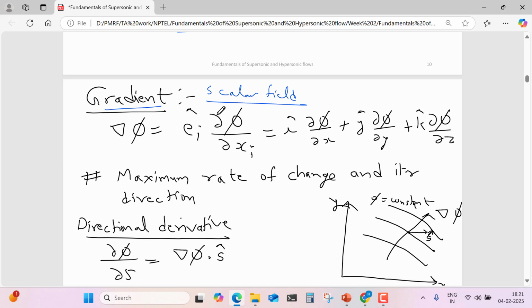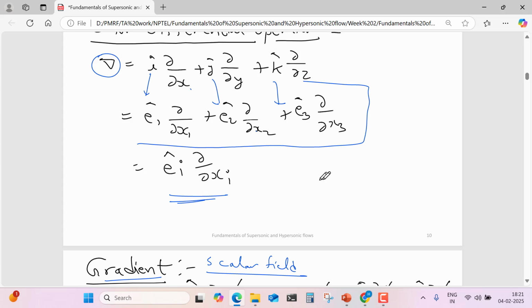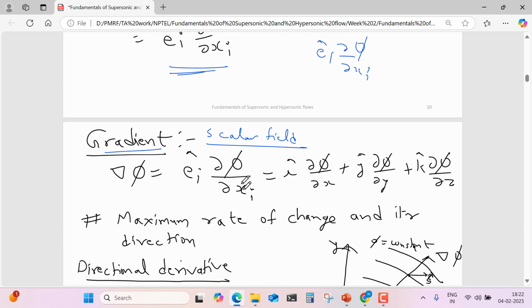Del phi equals e_i cap ∂/∂x_i acting on phi. If we expand it, it will come as i cap ∂phi/∂x, j cap ∂phi/∂y, and k cap ∂phi/∂z. This is a vector quantity.